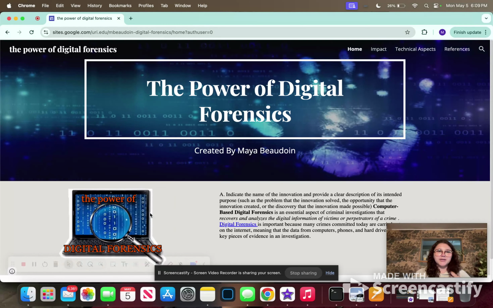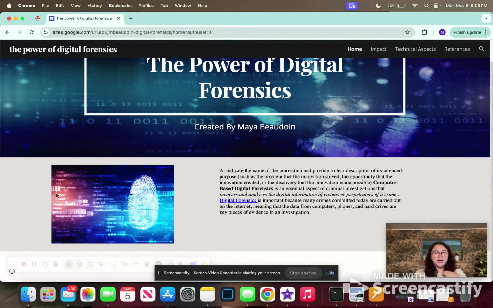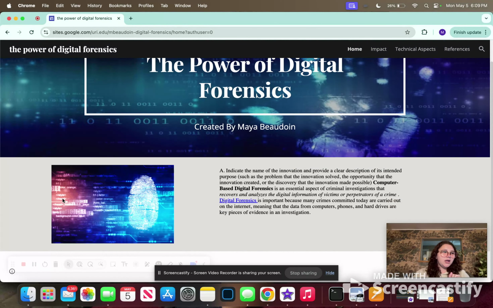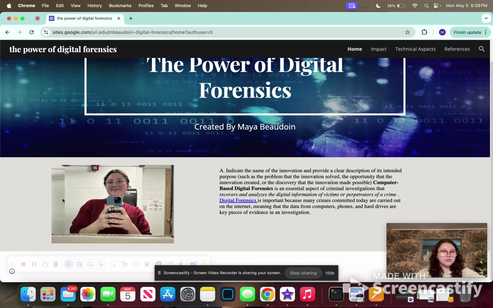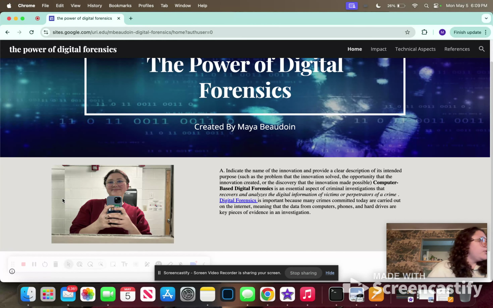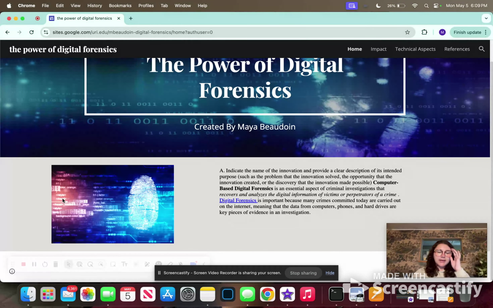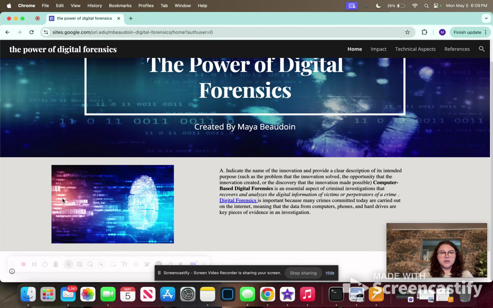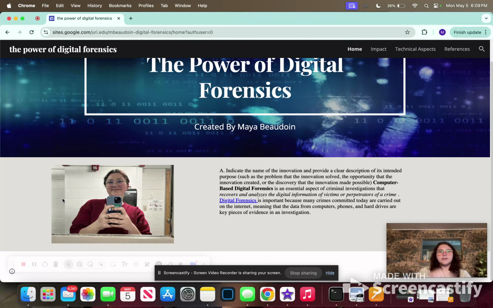So then to start with my GIF, the way I made my logo part of it, which is this image right here, I made that through Pixlr, which is the website that we use to Photoshop. Basically I clipped the picture of the computer and then I added the border around it.